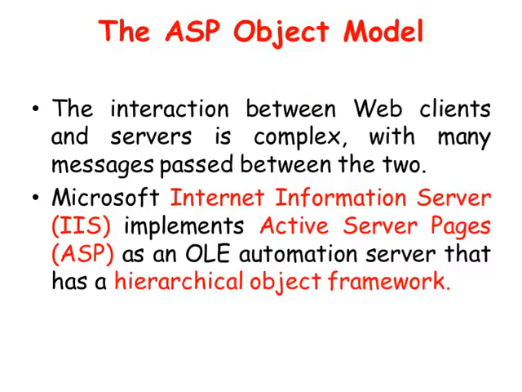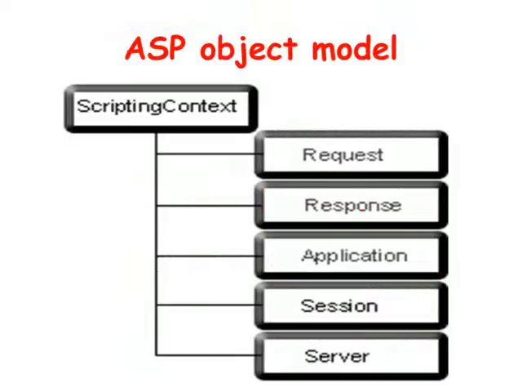Let's see that hierarchical object framework. So here this is the hierarchy. See here, scripting context is also an object. It is the primary object. Here you need not create explicitly any reference for this scripting context. Within the scripting context itself, you actually have 6 different objects.